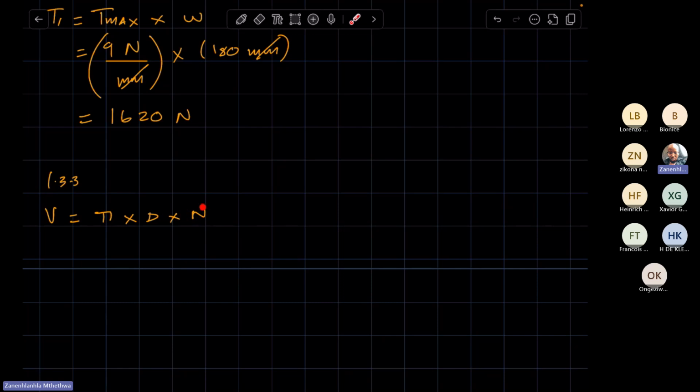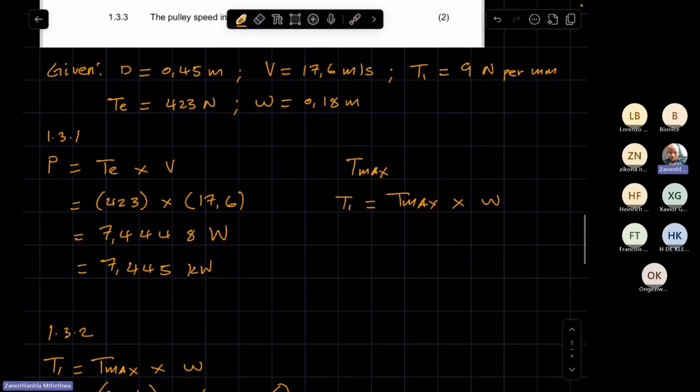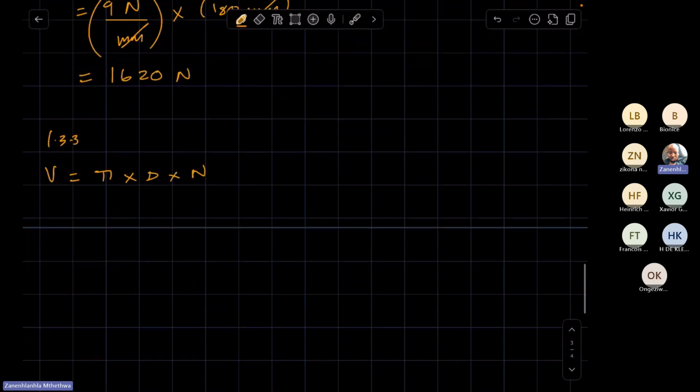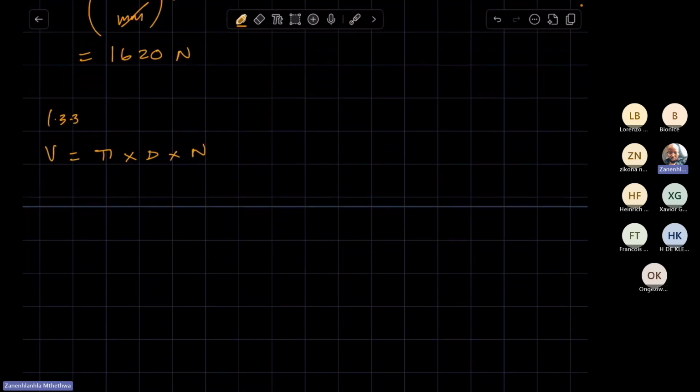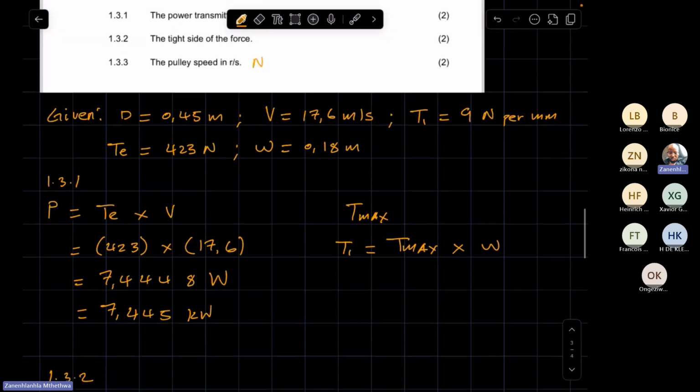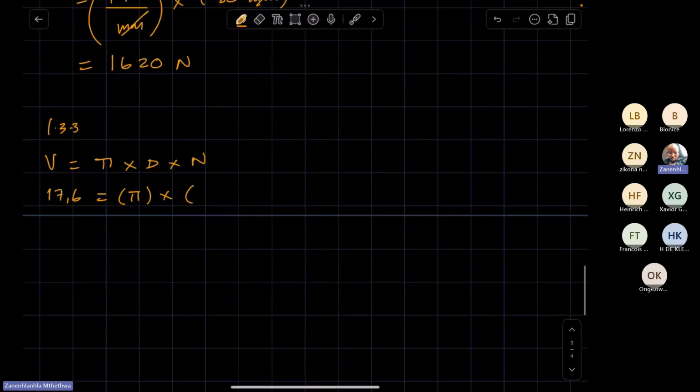V is 17,6. So 17,6 is equal to pi times D. D is 0.45 meters, times N. So to get N, we must make N the subject of the formula here.